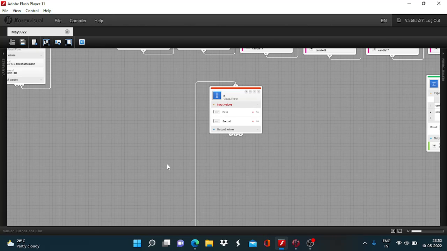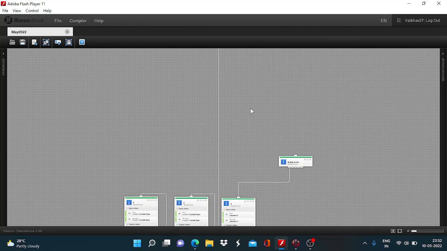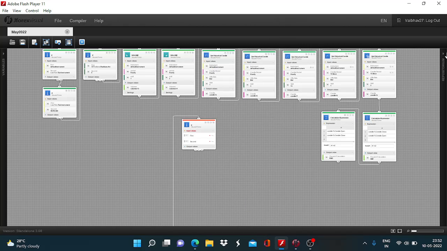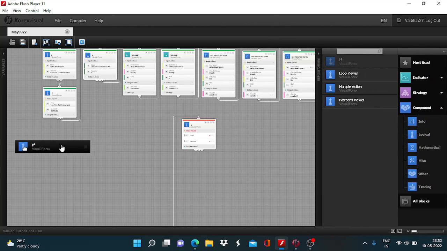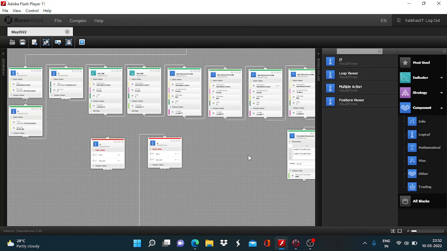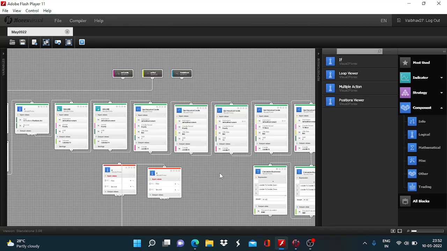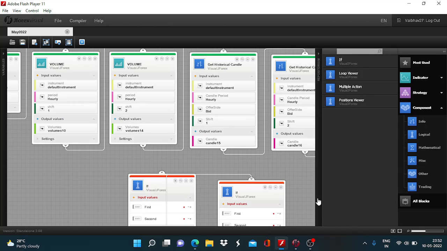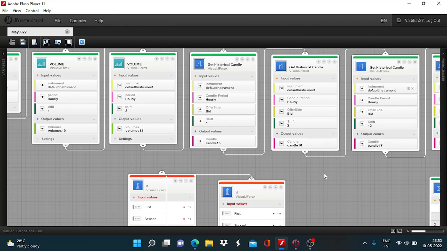So we are going to need two more of the if blocks. And here candle 15 candle close will be the common input variable.